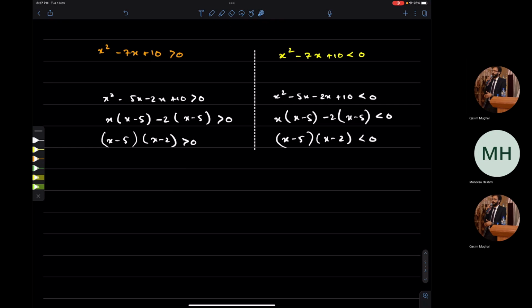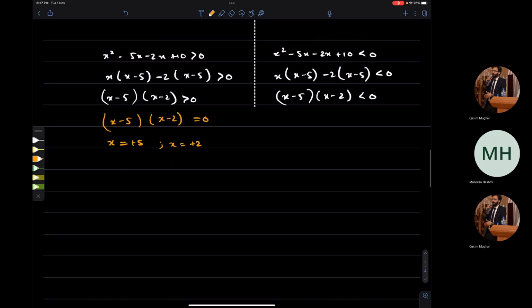All right, whenever the inequality says greater than, your solution will be greater than the larger number and smaller than the smaller number. So you write down the associated equation, (x minus 5)(x minus 2) equals 0. If you solve it, you get positive 5 and positive 2.